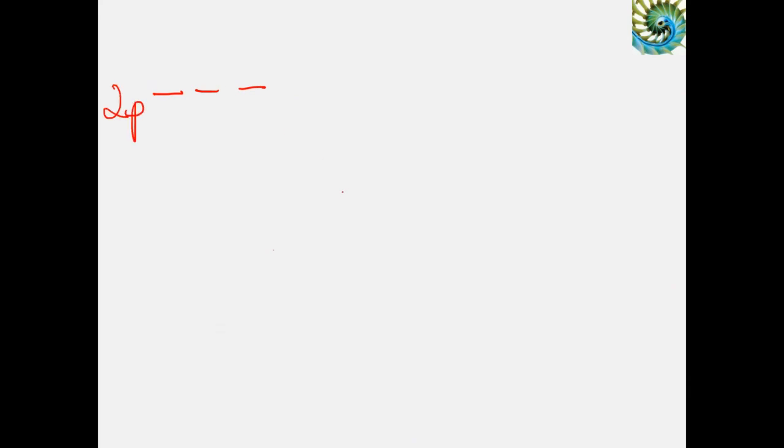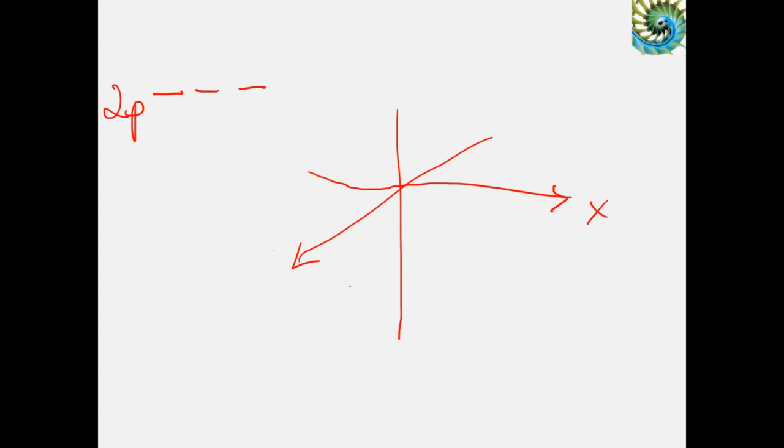If you look at the 2p orbitals, they are oriented in 3 dimensions along 3 different axes. So we have x, y, and z axes: px, py, and pz.